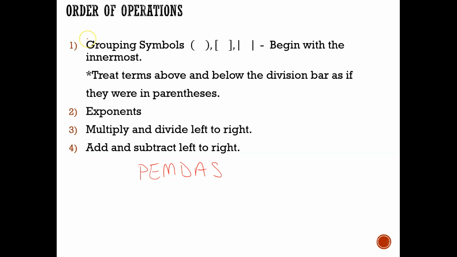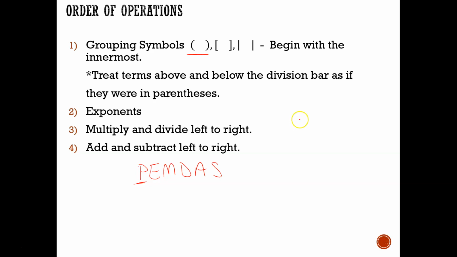Well, in our steps that we have here on this slide, I put the first step as grouping symbols, which does certainly include parentheses, but it could also include square brackets or absolute value bars. So you can still remember this PEMDAS, but just know that the P is any grouping symbols, not just parentheses.